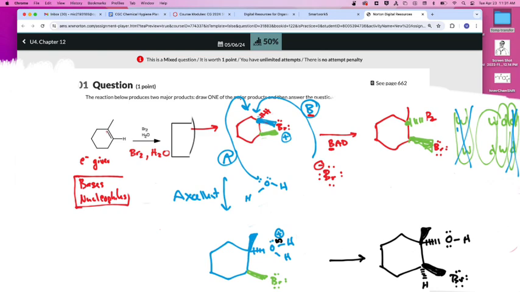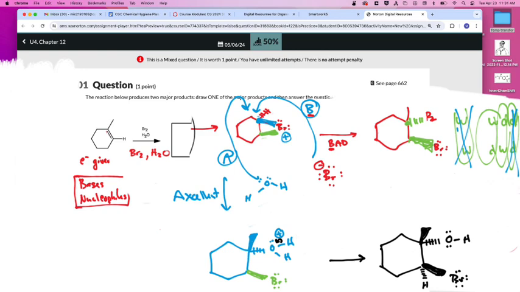So when we look at the competition between bromide, where did it come from? The solute. Was bromide present at the beginning of this reaction? Oh, no. The bromide only came into existence once we started the reaction, which means the concentration of bromide is insanely tiny, minuscule.